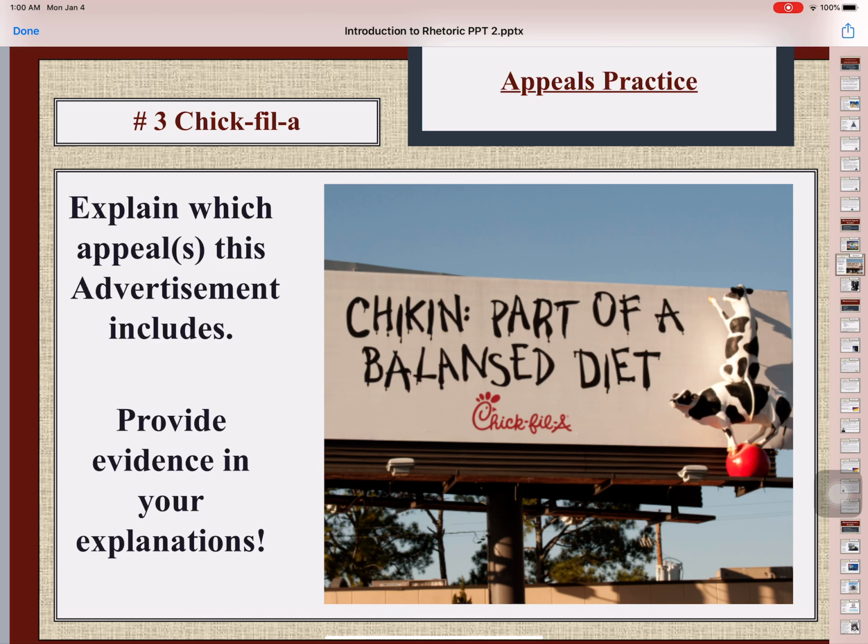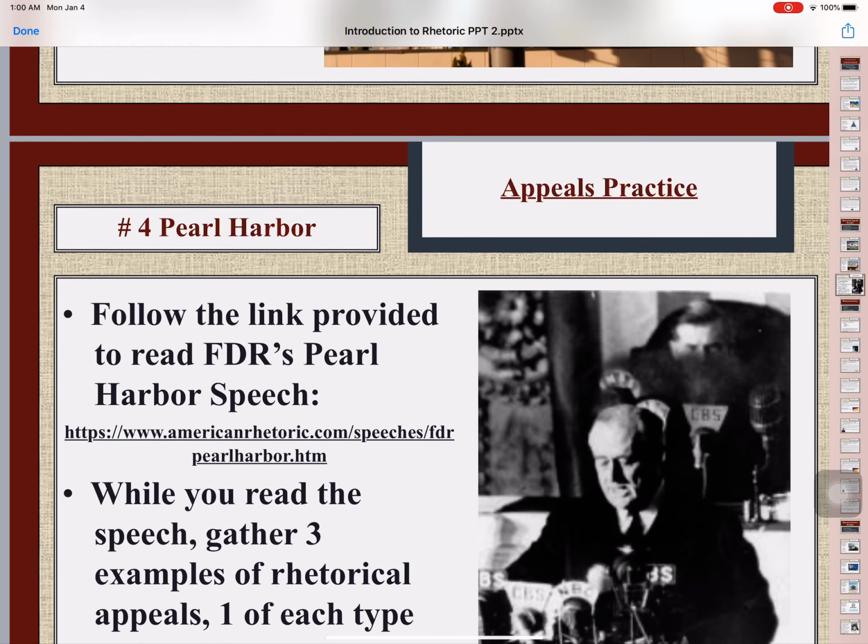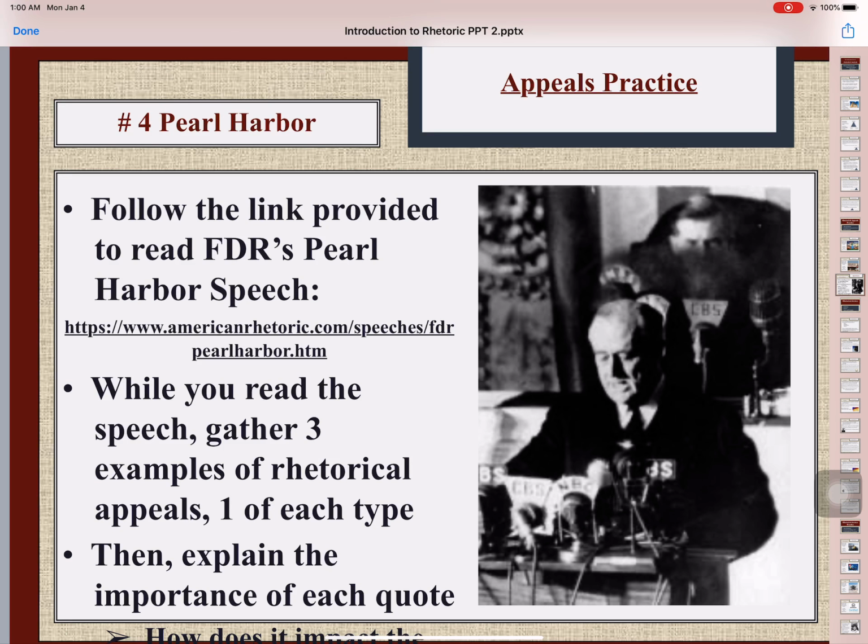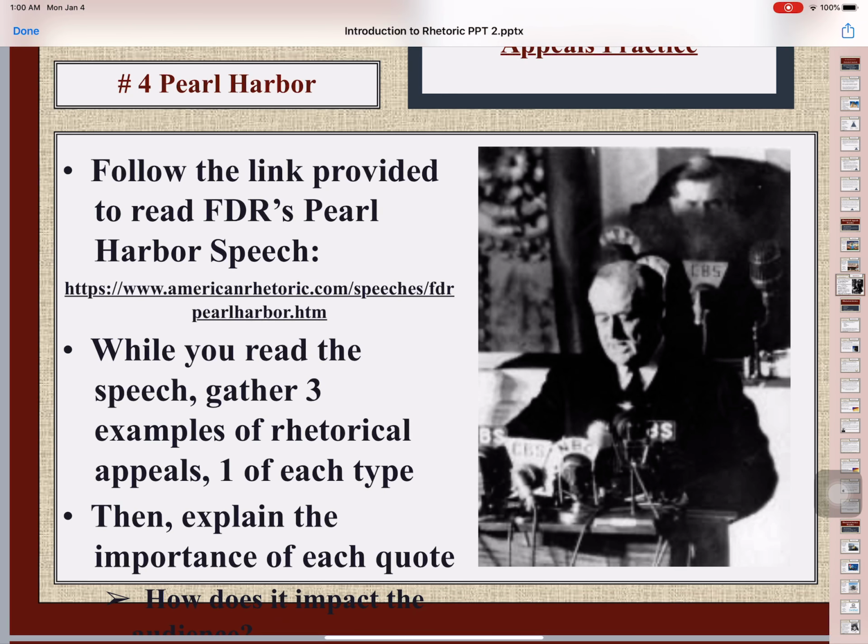Chick-fil-A, it's being written by cows who are balancing on this red ball. That's cute and funny, and there's a lot going on there. Misspelled words. What does that connote? What's the connotation? What's the implication, I should say? Yeah, there you go.